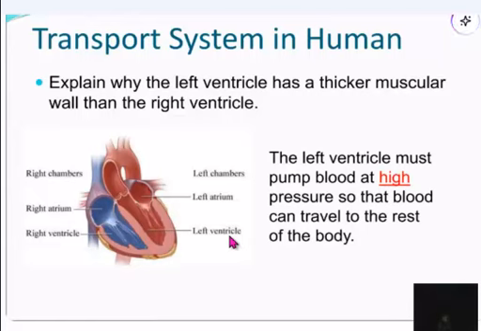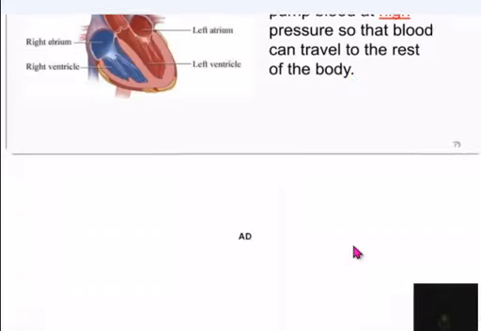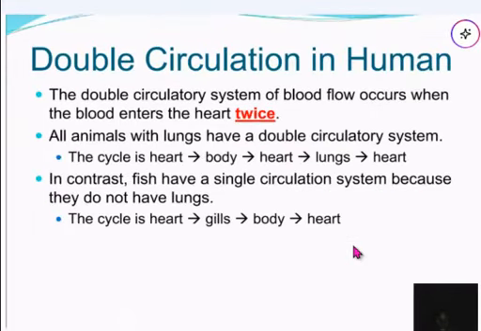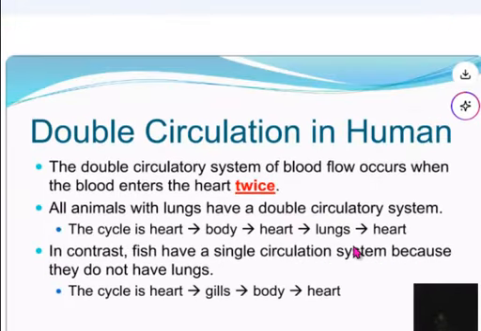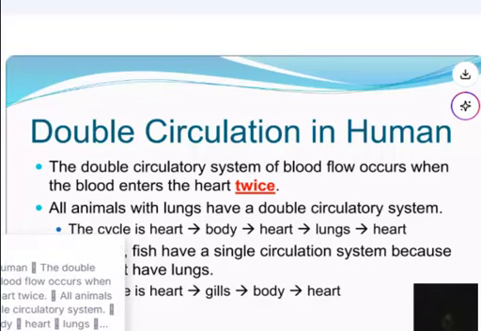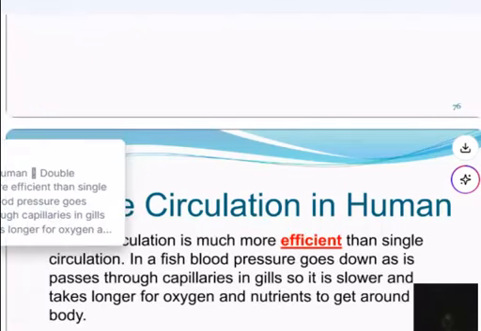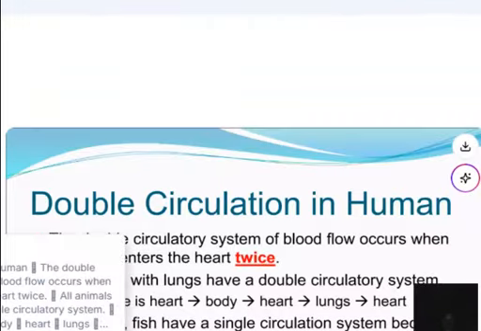This has been explained. You can see that now. The left ventricle must pump blood at a high pressure so the blood can travel to the rest of the body. That's why, and I asked a question similar to this. Now this is double circulation, which I think we used to discuss in a fresh class.